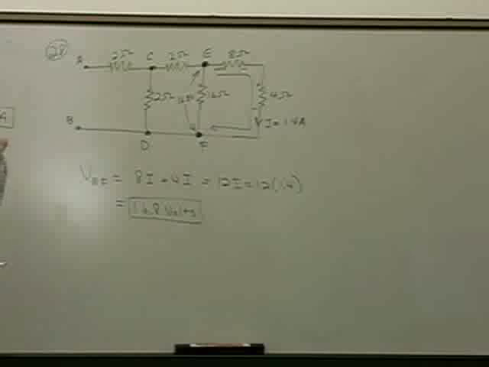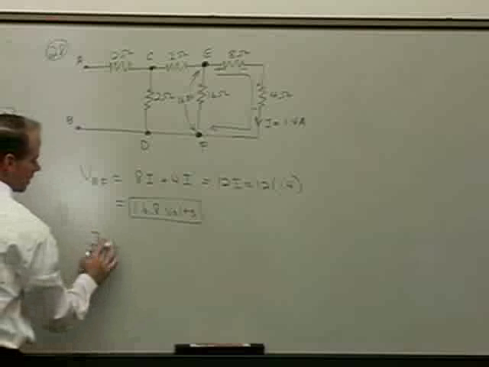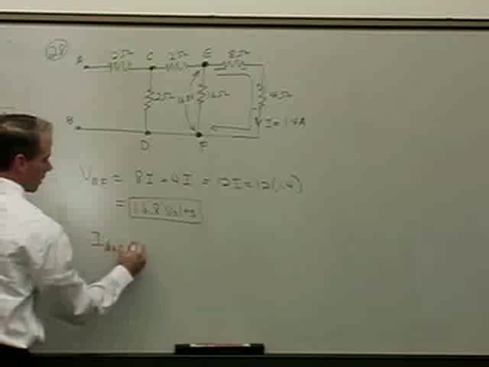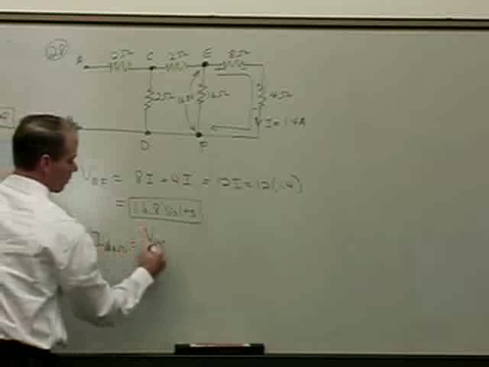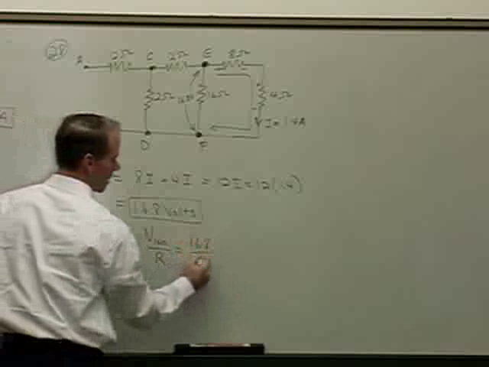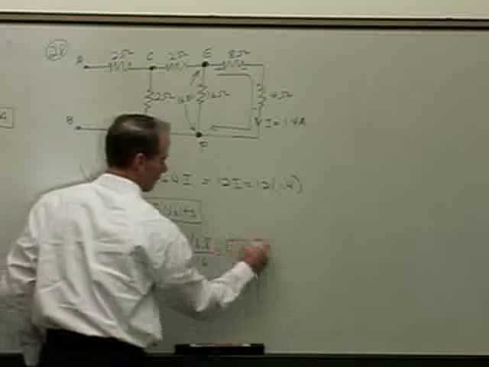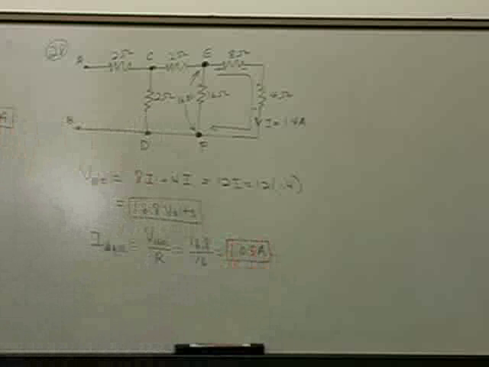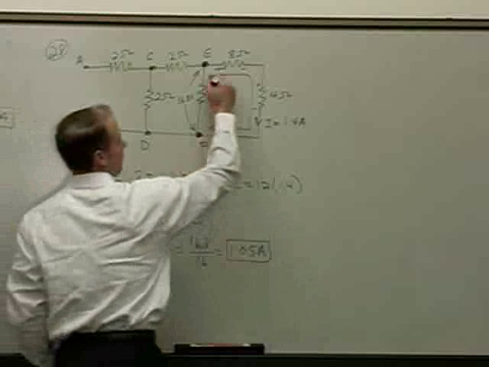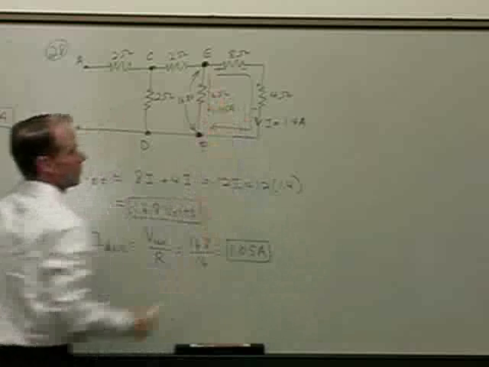So since there's 16.8 volts across that resistor, I can find the current going through that resistor. The current through that 16 ohm resistor is its voltage over its resistance, which is 16.8 divided by 16, which would be 1.05 amps. So there is 1.05 amps coming down this way through that resistor.